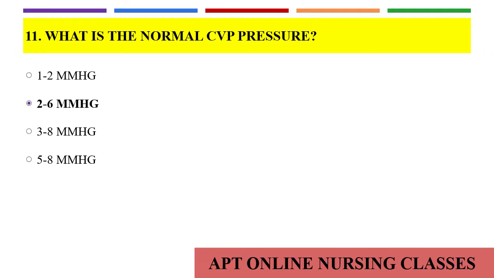Central venous pressure is considered a direct measurement of blood pressure in the right atrium and vena cava. So the normal CVP is 2 to 6 mmHg.